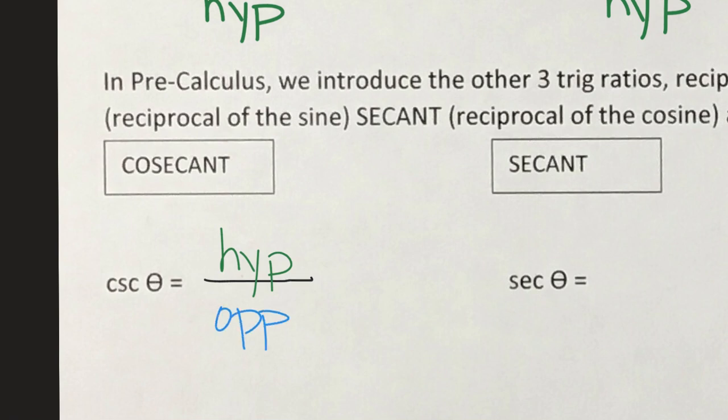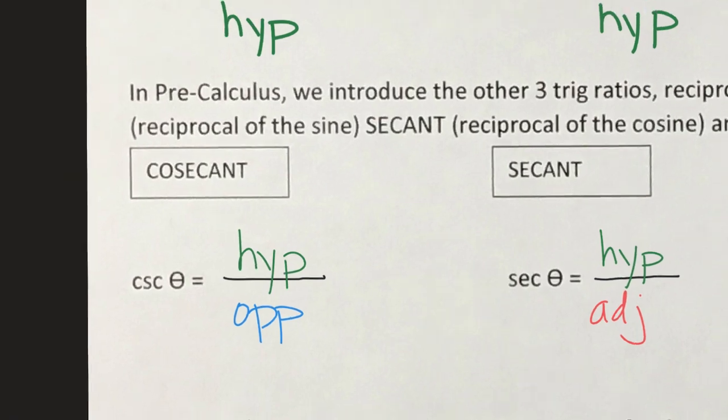It's the reciprocal ratio of the sine, so we flip the fraction. The secant is the reciprocal of the cosine. Cosine is adjacent over hypotenuse, so secant is hypotenuse over adjacent. It's a ratio, so we're writing down side lengths.